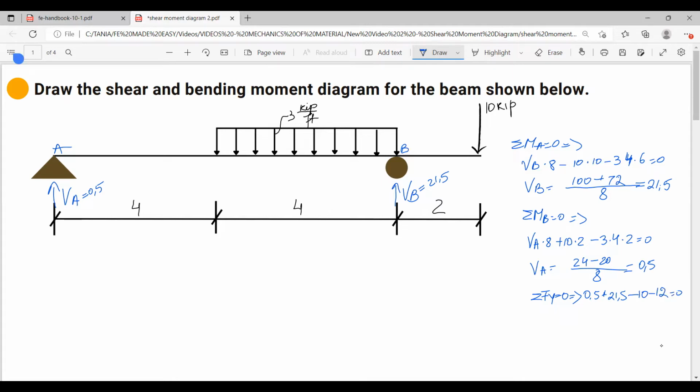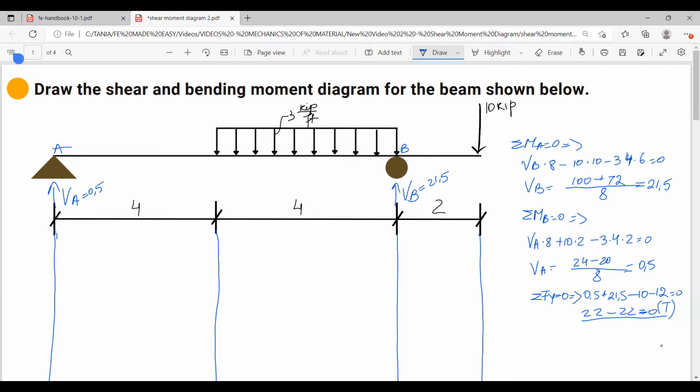So I'll have 22 minus 22 equals 0, which is true, and this means that we have calculated our reactions correctly. So now let's go ahead and draw the shear and bending moment diagram.